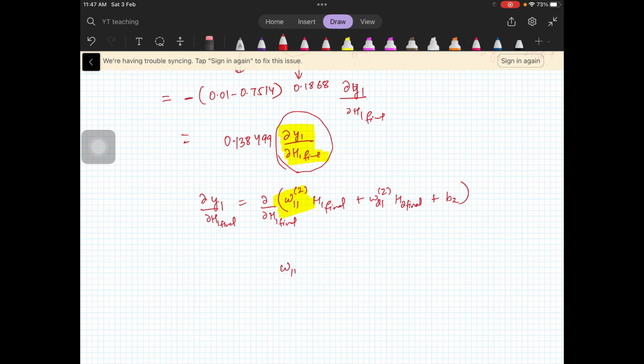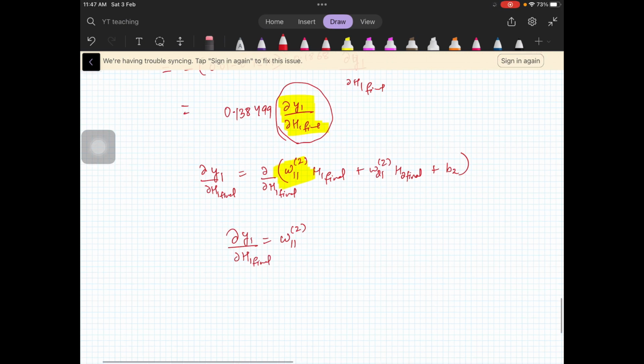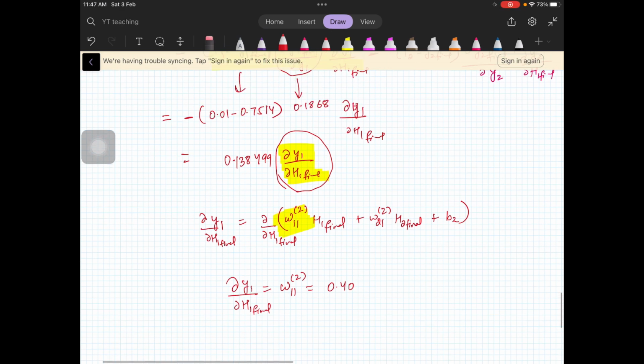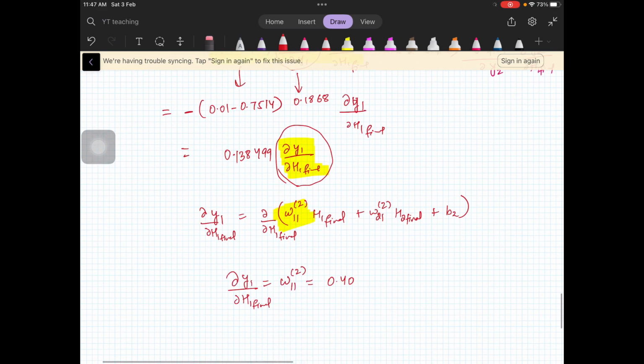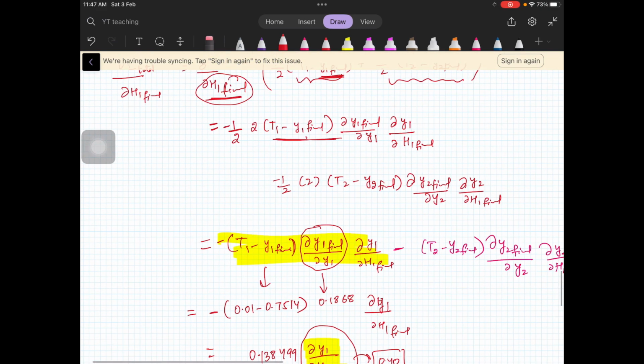So you get W11 second layer, and this value was our 0.40. Okay, so now we have our first term.